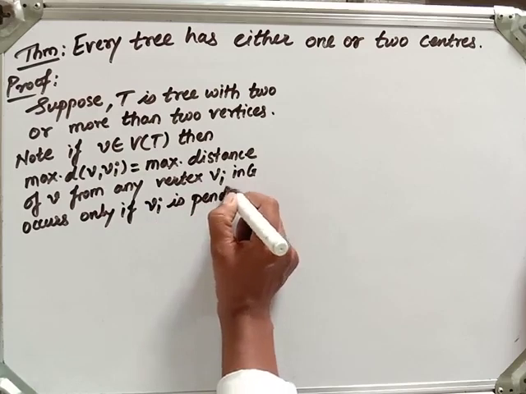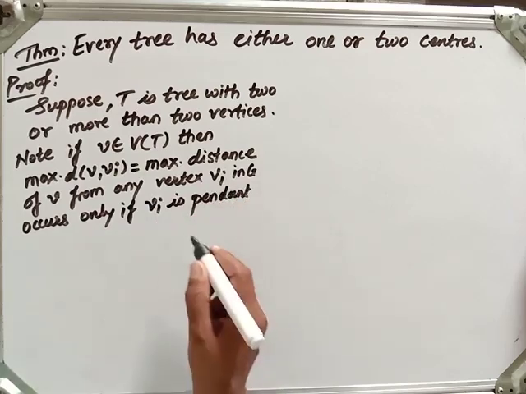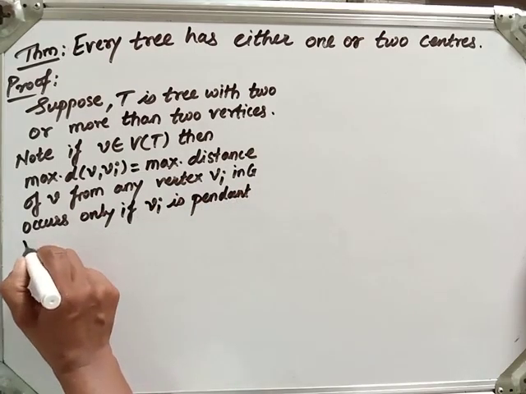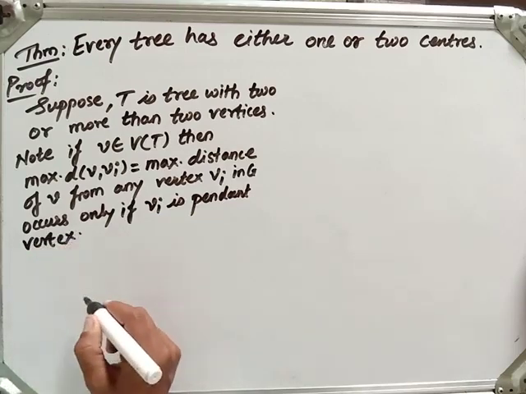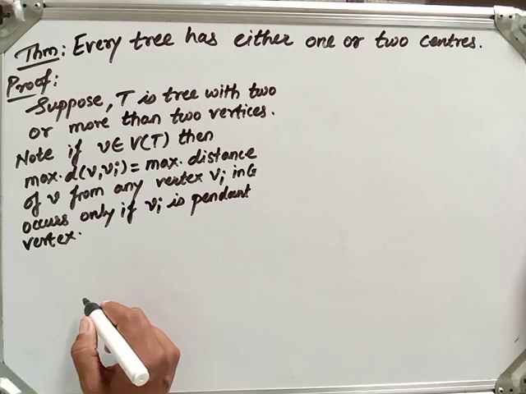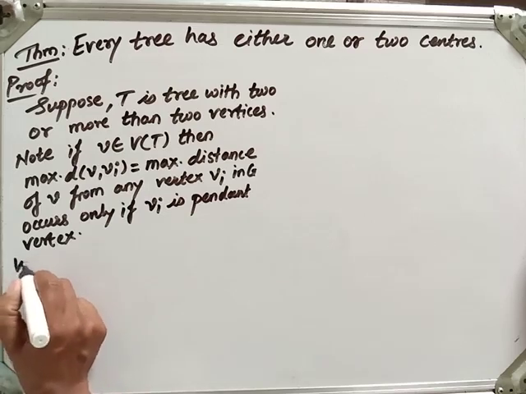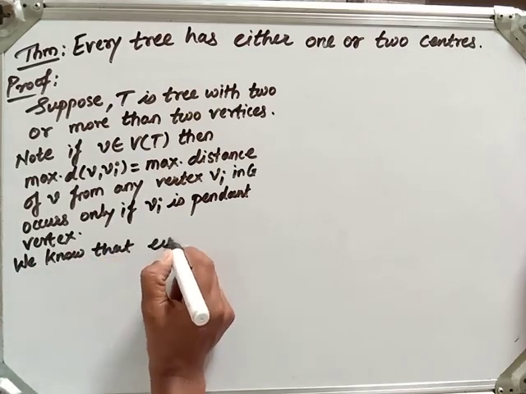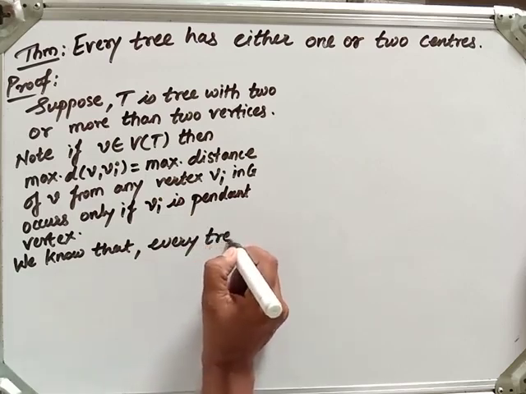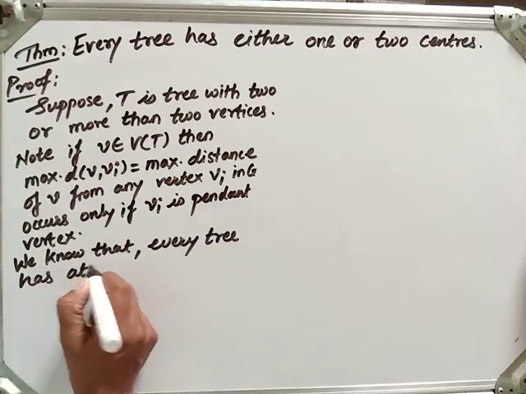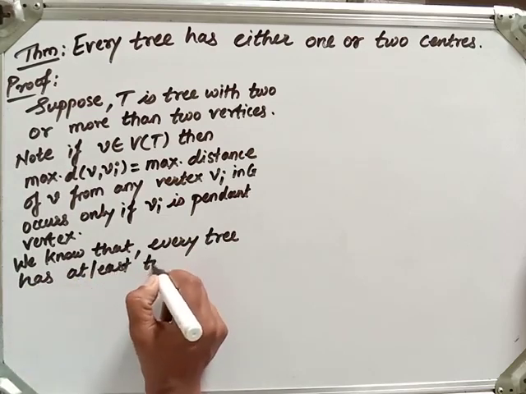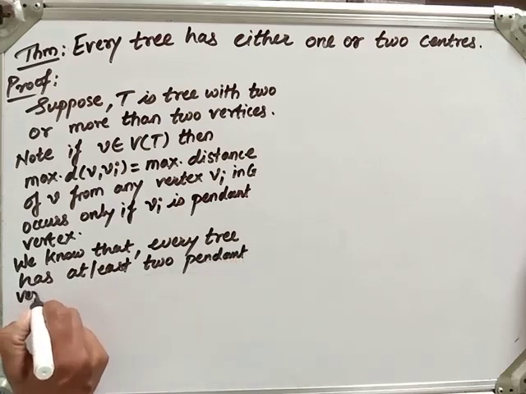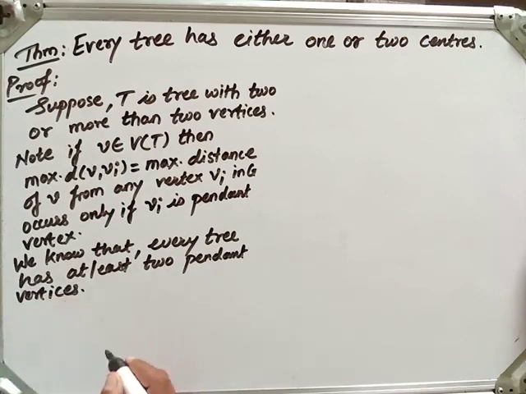If you look at the examples, you have noticed that if Vi is a pendant vertex, then it will be at the maximum distance from V. Also we know that every tree has at least two pendant vertices, right? We have seen that part, right?